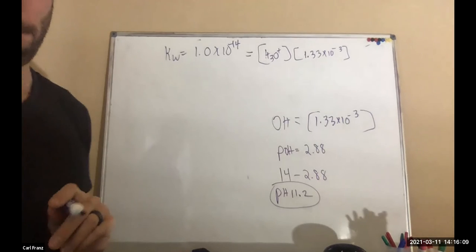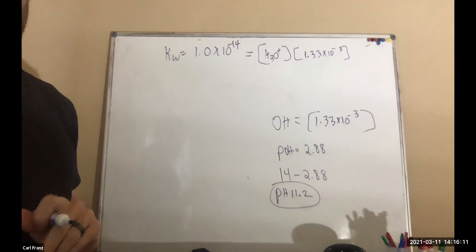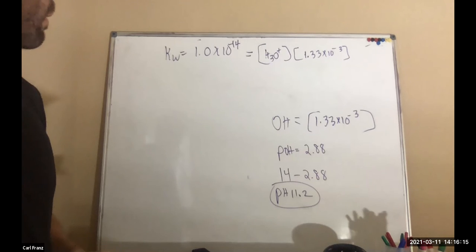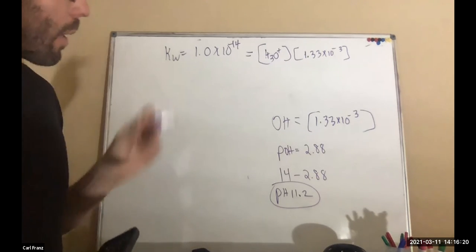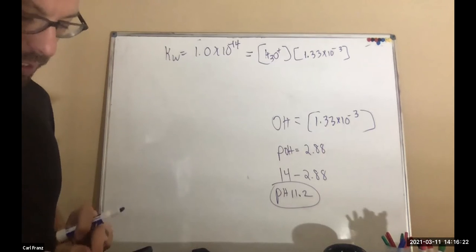So what happens when we take 1.0 times 10 to the negative 14 divided by 1.33 times 10 to the negative 3?